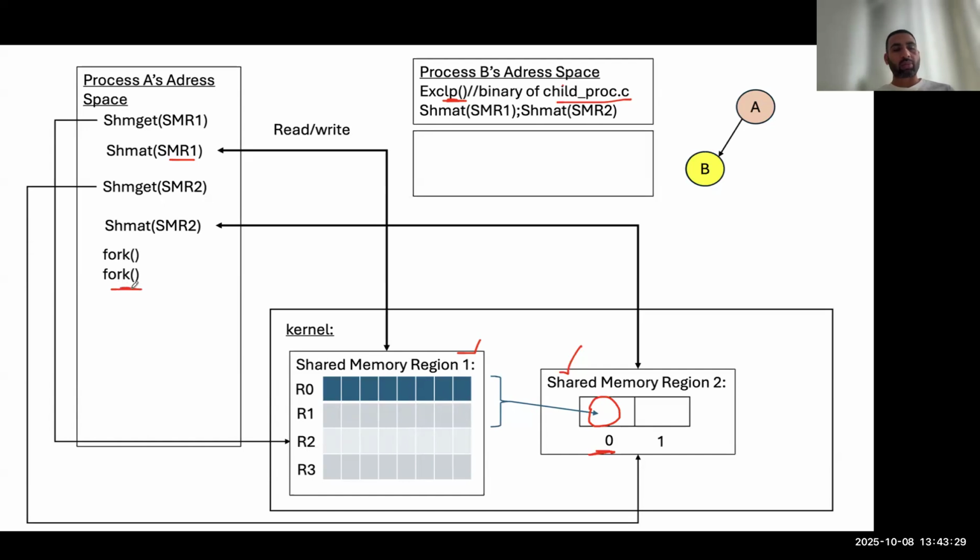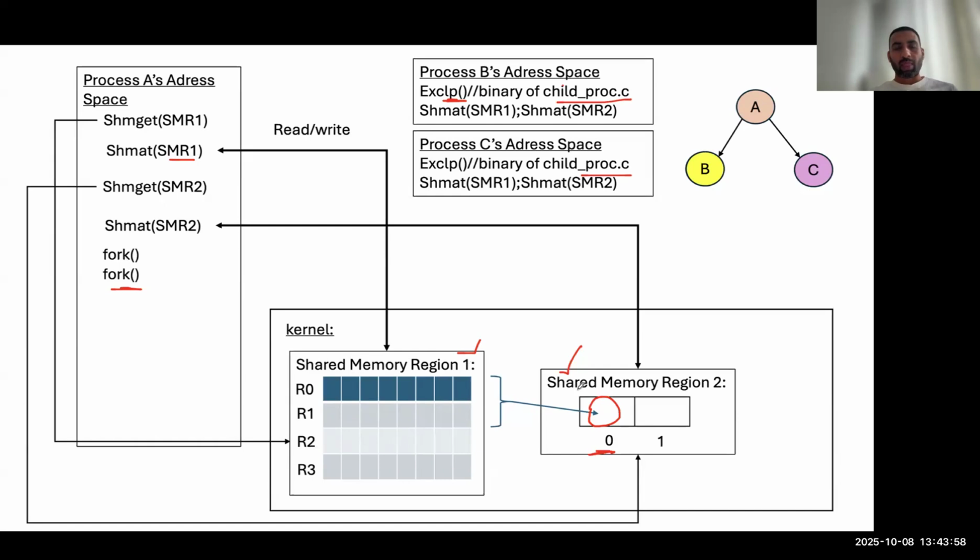The same then goes for another process. Process A creates another process, let's say process C. Initially, its address space is distinct but a duplicate of process A. But then again, process C executes execlp and loads the binary of child process.c, where again it attaches these two regions, shared memory region 1 and shared memory region 2, so they become readable and writable for process C. Just like process B, it is also given the index of the starting row, the index of the end row, and the index of shared memory region 2 where it needs to store its partial sum.